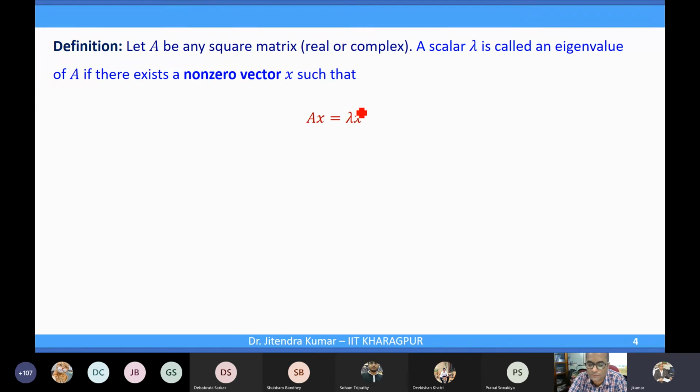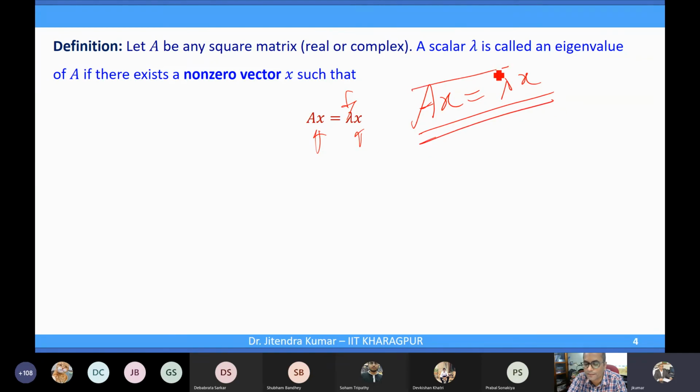So what are we looking for? We are looking for this lambda, which in the earlier example was 2, and a non-zero vector x corresponding to this A, so that when you multiply A to this x, only lambda times x comes.